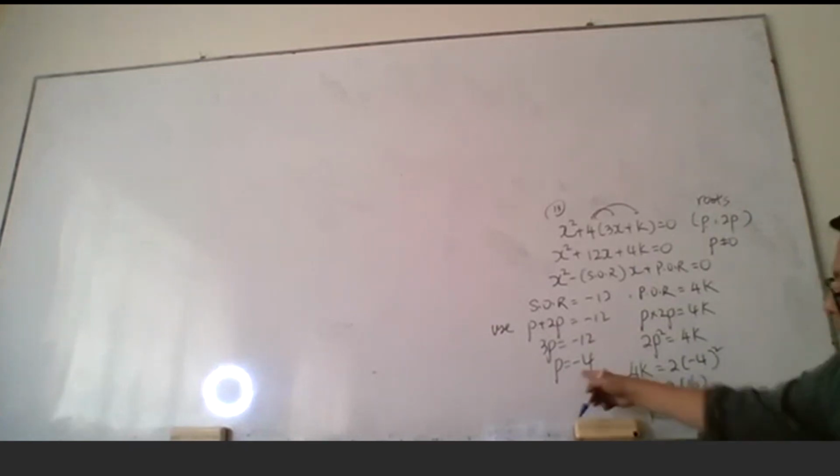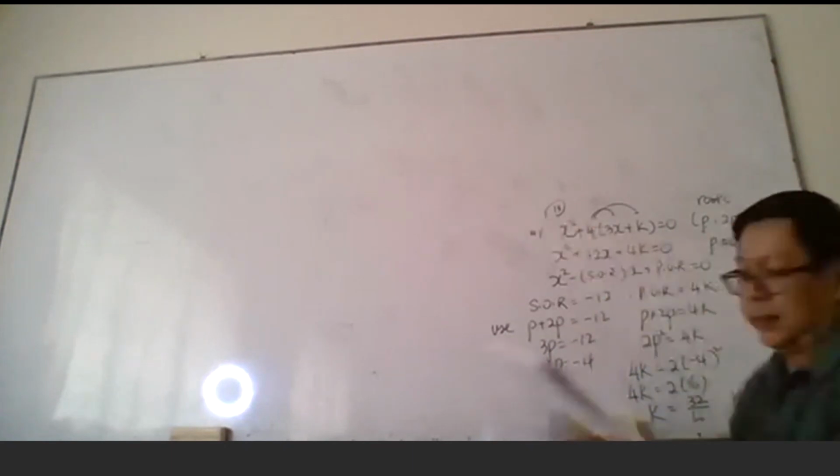And finally, k will be 32 over 4, and k equal to 8. So the value for k is 8. The value for p is negative 4.